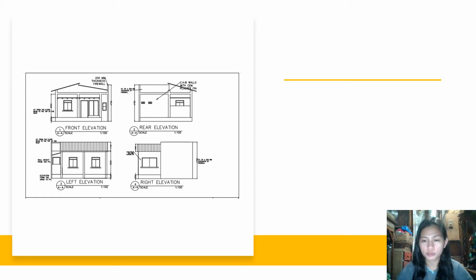But I will have to put windows because in this area our comfort room will be located. And on the left elevation, medyo nakalabas yung roof since pathway din naman. So, it's okay, and may maliit na space pa naman sa gilid ng aming bahay.